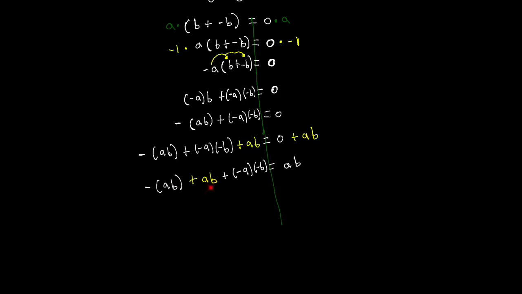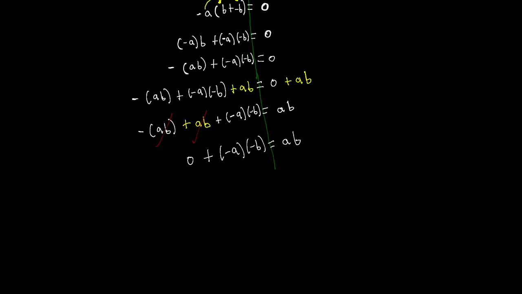Whenever we add something plus its negative, they're going to cancel out and give you 0. So here we get 0 plus -a times -b, and then we're almost done. I'm going to make use of the additive identity, which says that anything added plus 0 is going to be itself. So here now I have -a times -b, and that gives me a times b, which is exactly what I wanted to show.